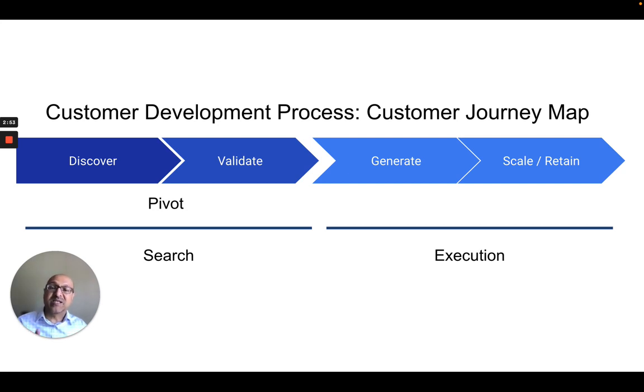Once we finish that process, and it's a looped process, so it iterates a few times, we can then move on to the execution, where we generate our first customers, and then we retain them and scale them to grow our customers.